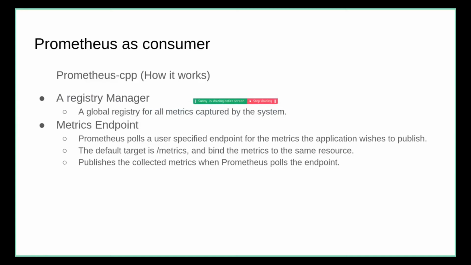One is the registry manager, which has tools and instrumentation to implement a global registry where we can capture and put all the metrics. The other is the metrics endpoint, which provides an interface to implement and expose those metrics to a particular defined target, where by default the target for Prometheus to pull is slash metrics.